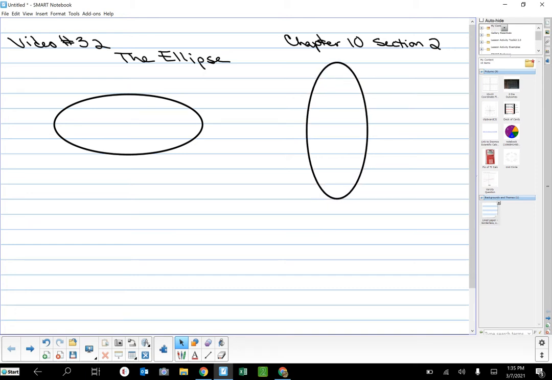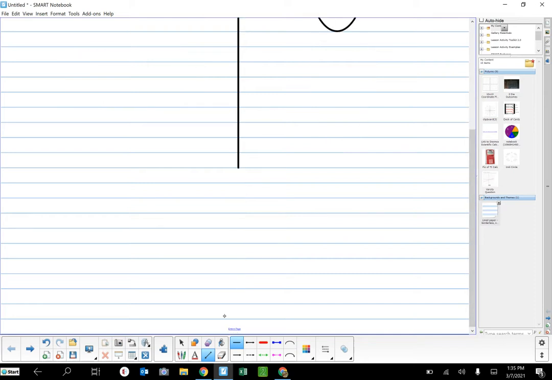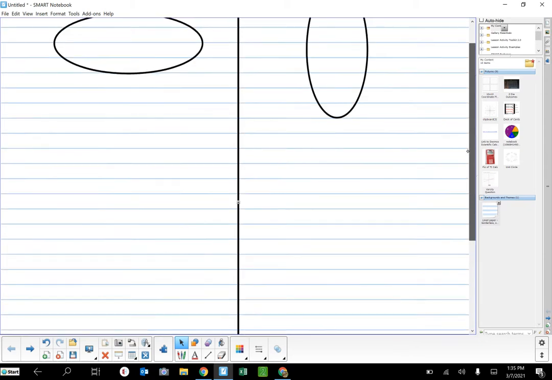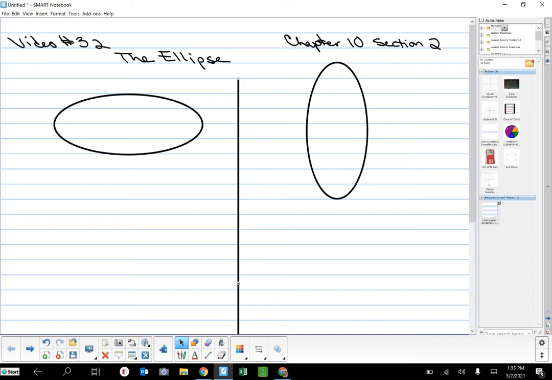All right, so I'm going to break this page up right down the middle. We'll extend that line down the page for a little bit. And so we have a couple of different things happening here based on this ellipse.